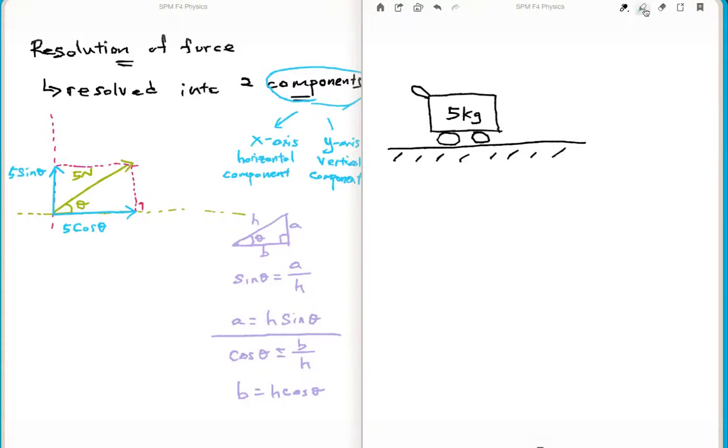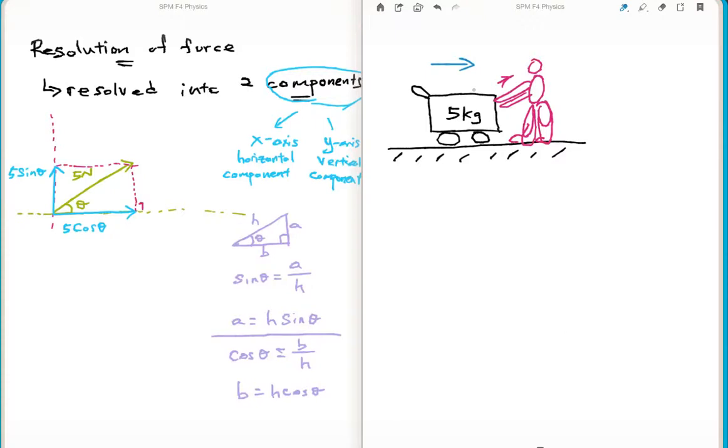So now, if you pull on it at an angle, of course the object should move to the right.